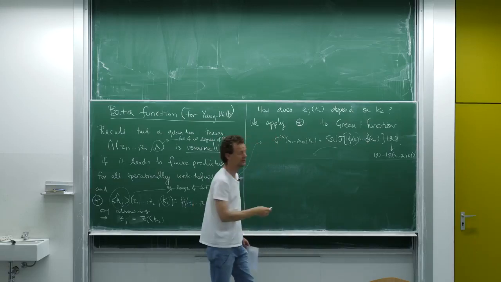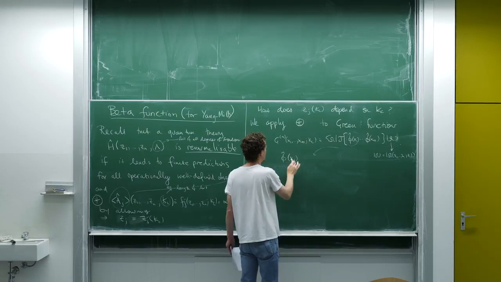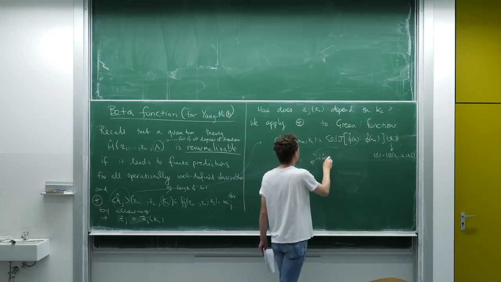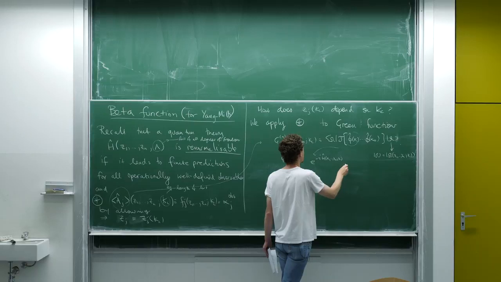So this is defined, phi hat x is defined to be e to the minus i h. Now h depends on all these parameters, and t.